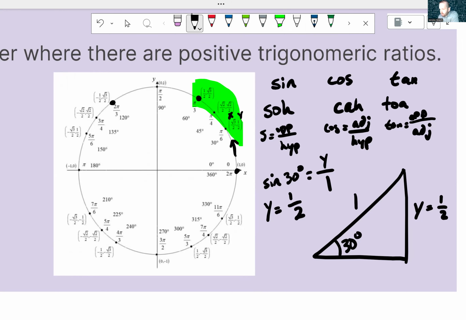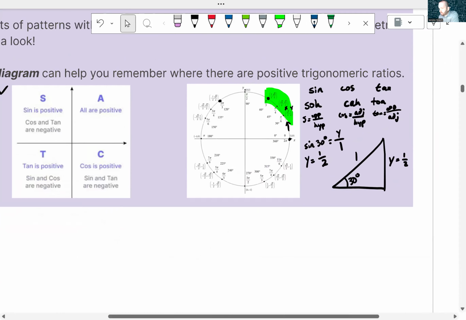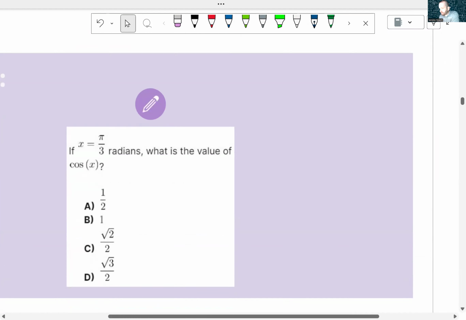So instead of it being 1/2, it's going to be negative 1/2, because we're now over here on the x-axis into the negatives. And so the pattern is going to repeat itself. If you know the first three, you can start to figure out the pattern for the rest. But because we have so much other information to go over, I'm going to pause there, and we're just going to go to the next slide.